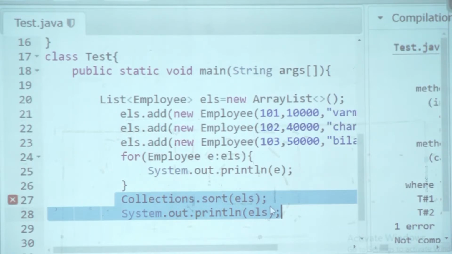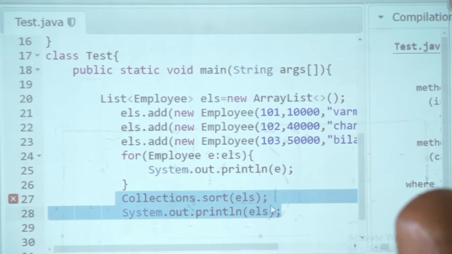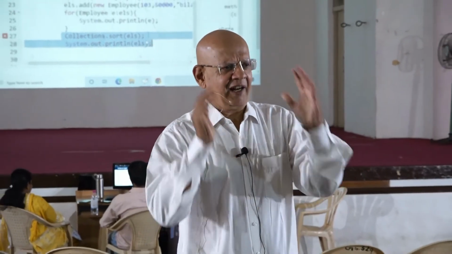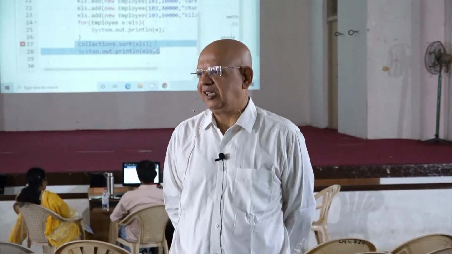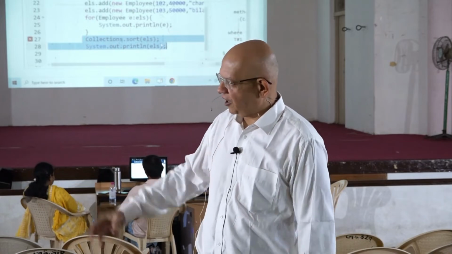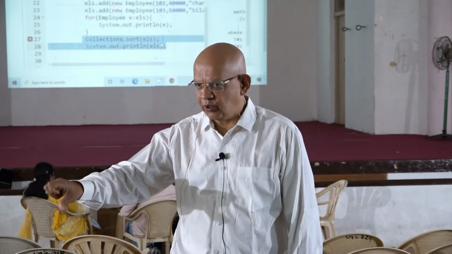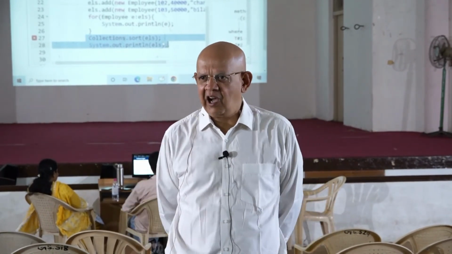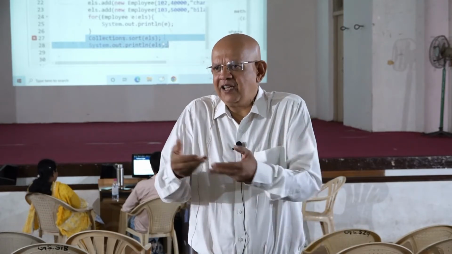Today you have to understand both. Let me talk first about the generic way. In general, let us have a policy for employees to be sorted. Then we'll get into a different ordering and see how to give it. But at first glance, how do you say one employee is less than the other employee?